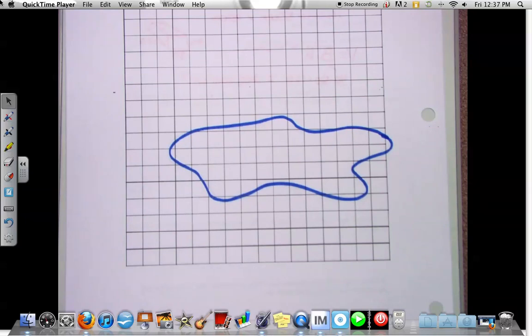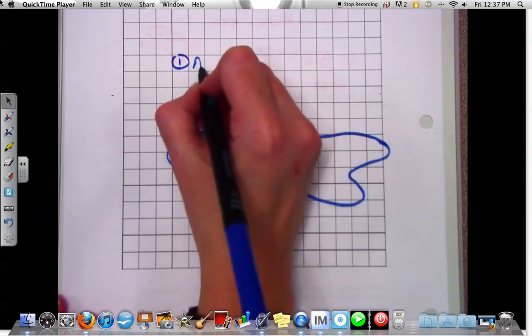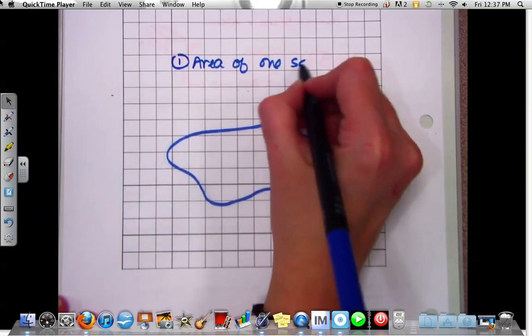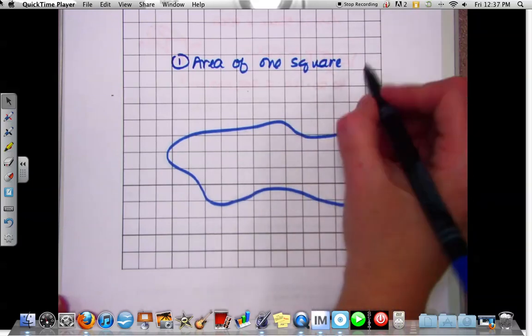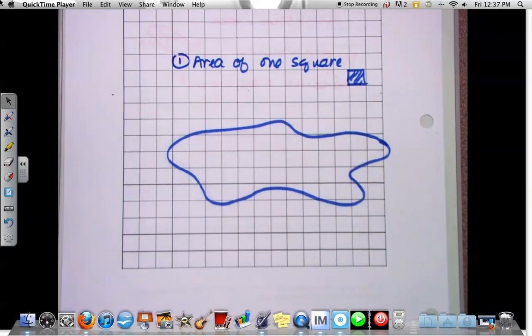All right, so yesterday, what was the first thing that we did? Actually, before that. How long one was? Yeah. One by one. 1 kilometer. So 1 square wide is a kilometer. So how tall is it?